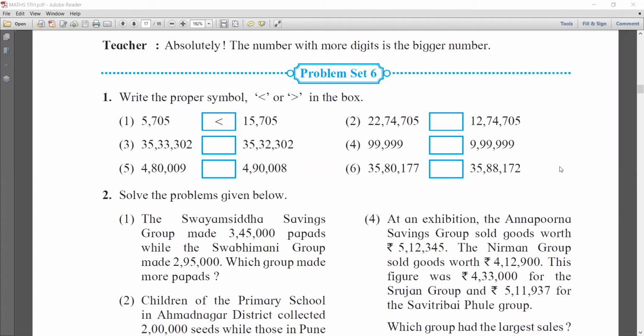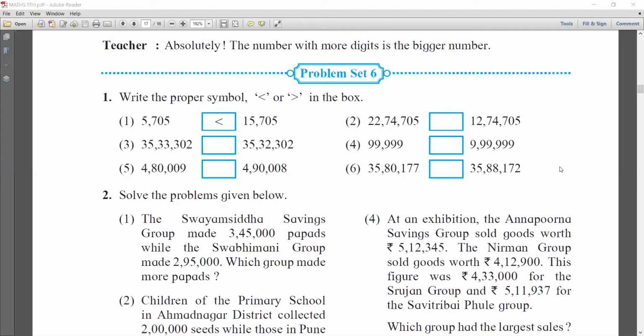In problem set number 4, we learned the expanded form, and in problem set number 5, we learned how to find the place value of a particular digit. This way, we finished problem set number 5. Today we will start with problem set 6.